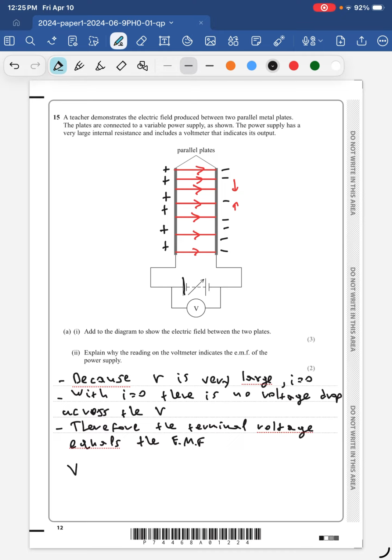I remind you that the equation is voltage equals the EMF minus I times the internal resistance. So if I is 0, this is equal to the EMF.